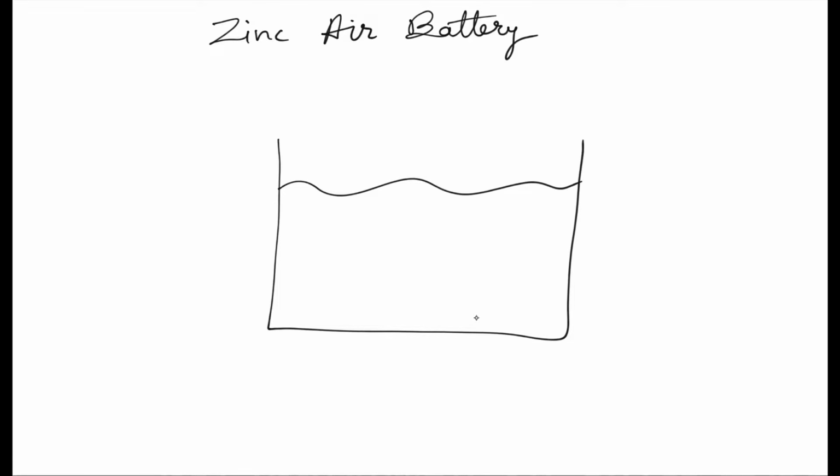First, we'll try to see what reaction happens inside the zinc air battery. Let us consider this as the cell. It is filled with an electrolyte. Typical electrolyte is aqueous KOH. So we have OH negative ions solvated in the electrolyte, and we have zinc as the anode. We'll discuss it in the discharge process.